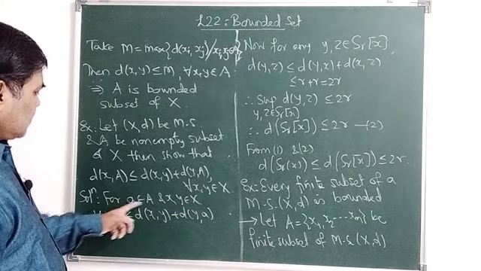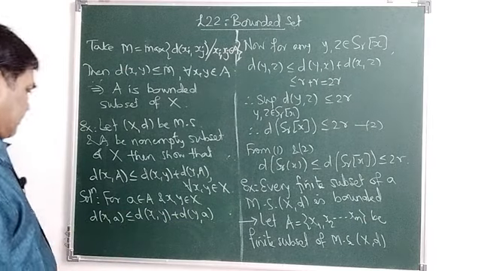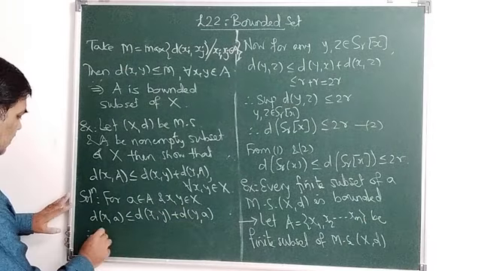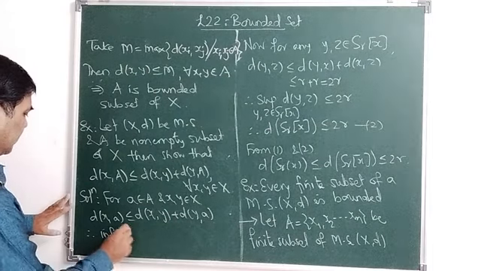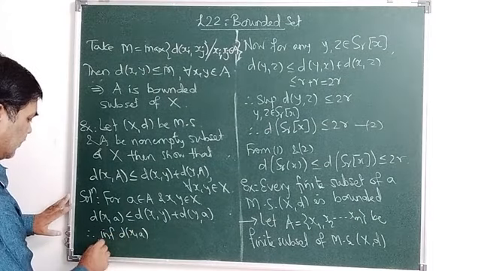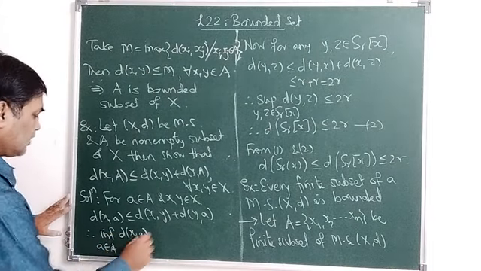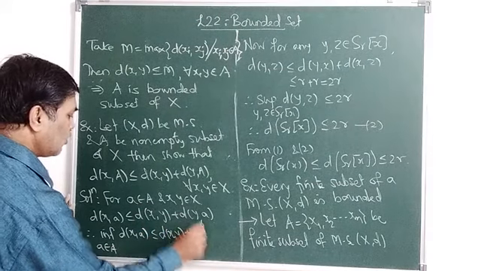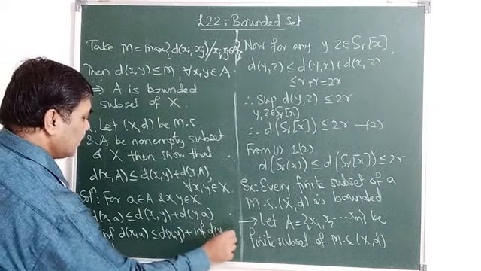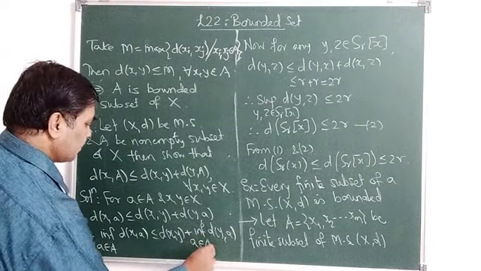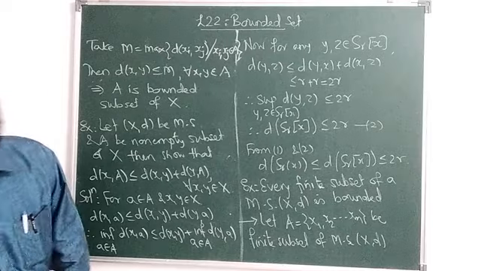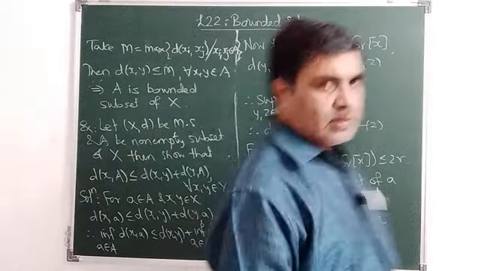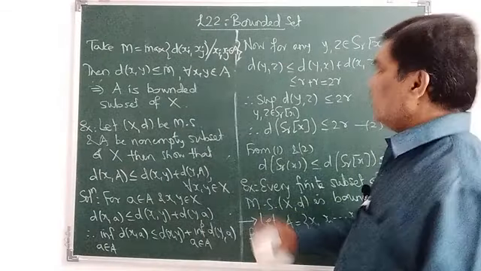There is no restriction on the choice of a, x, y, and therefore the infimum of d(x, a), where a varies in A, must be less than or equal to d(x, y) plus the infimum of d(y, a), where a varies in A, as this relation is true for every a.